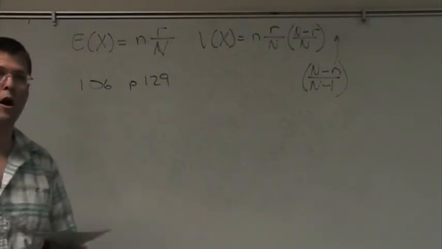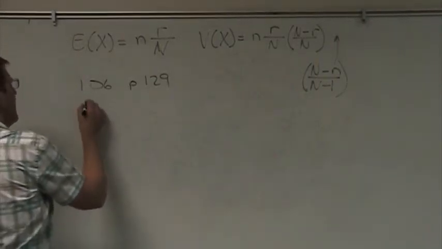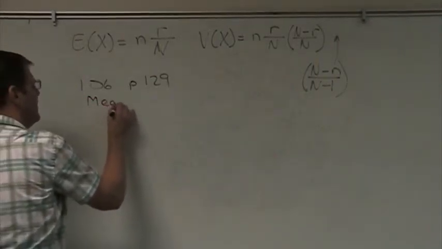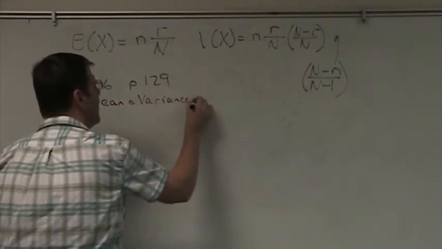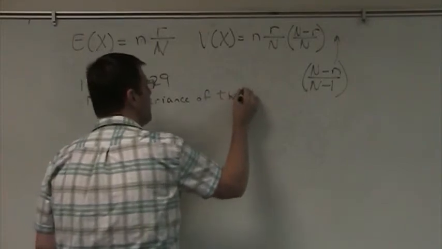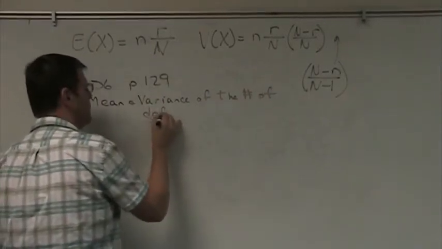So for our purposes, the first thing that we need to come up with would be the mean and variance of the number of defective machines.